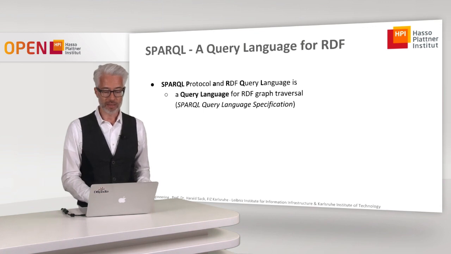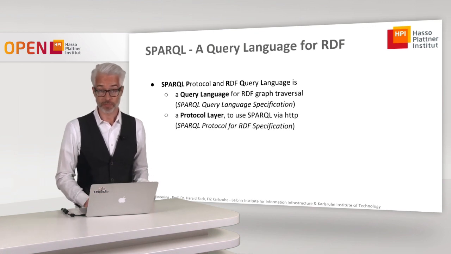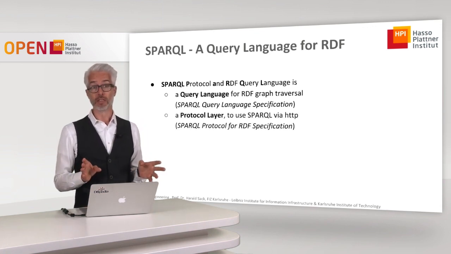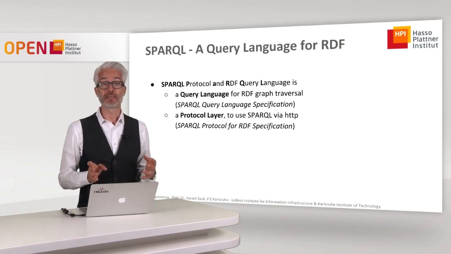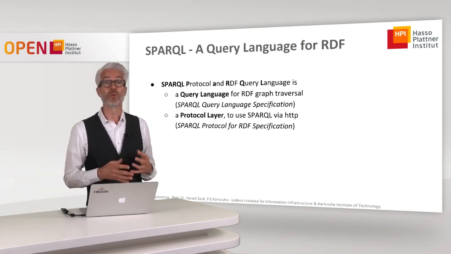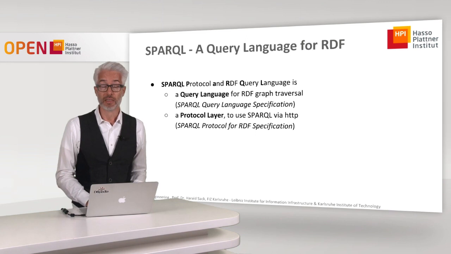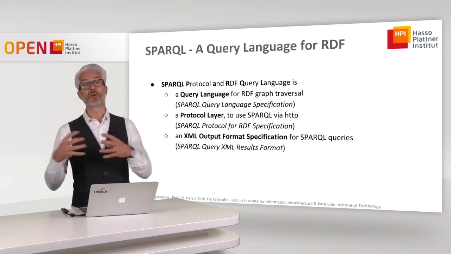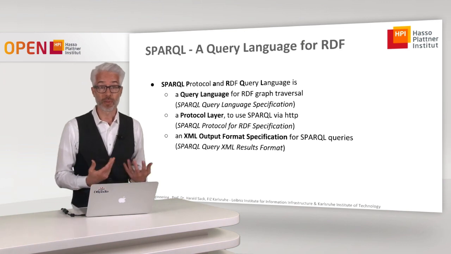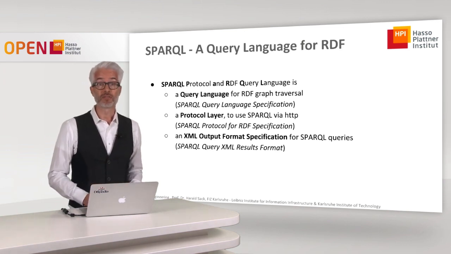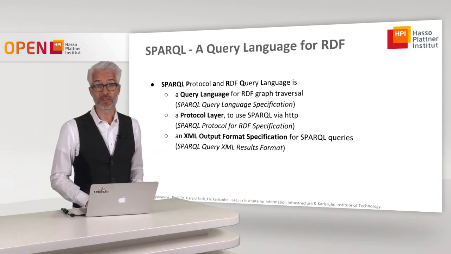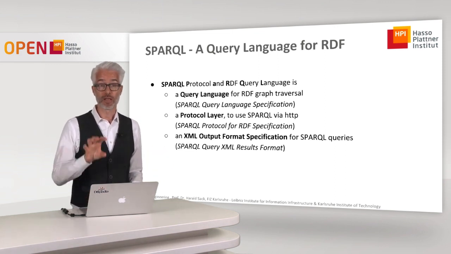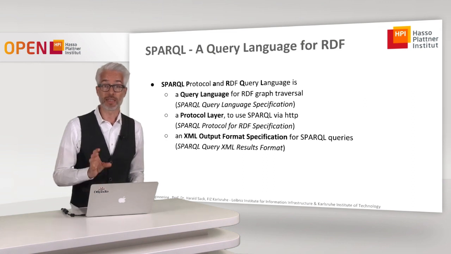So this is the SPARQL query language specification. More than that, there is also the protocol layer, which defines how SPARQL can be used with the help of the HTTP web protocol. And then, of course, the return format, so the result of the SPARQL query, is, for example, given in an XML output format, for which a specification also exists, and we will have a look at that later on.